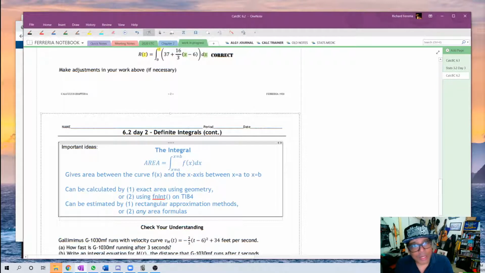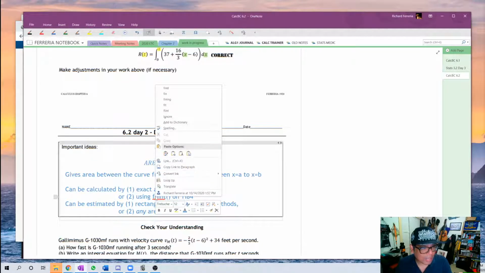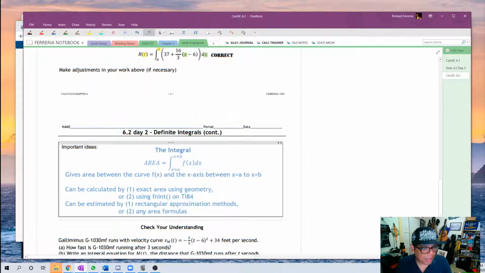So there are a few ways now that we have to calculate this. Number one, we can use exact geometric formulas. And number two, we can use the FNINT function on our TI-84 calculator. Those are the two ways that we have of exactly calculating the integral.